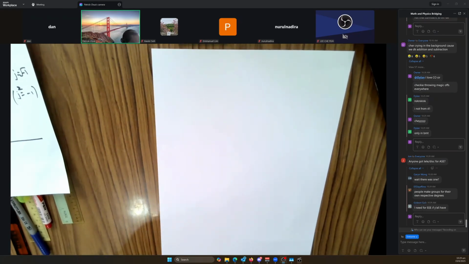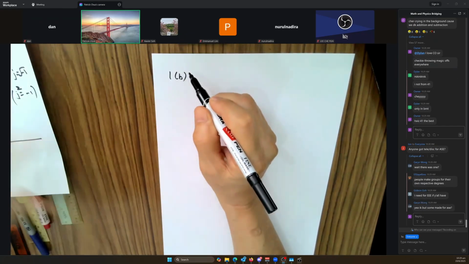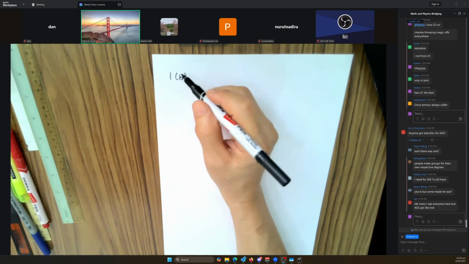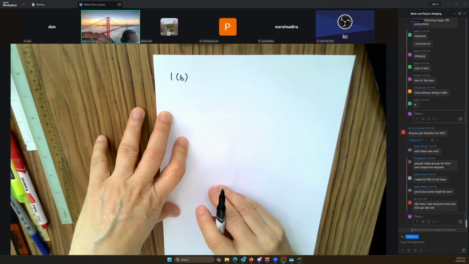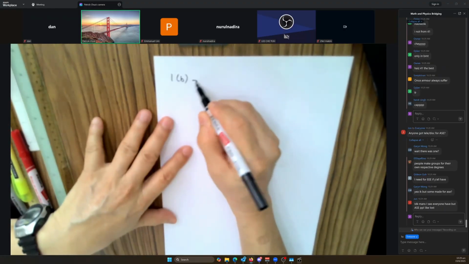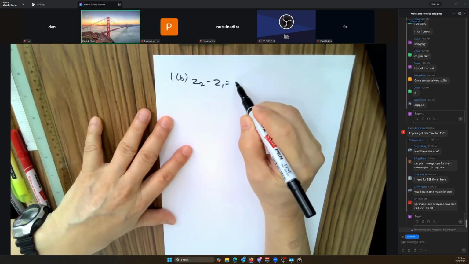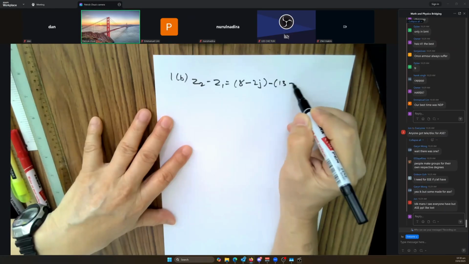Back to the complex number, part B, the one about Z2 minus Z1. This is your Z2 and there's your Z1.